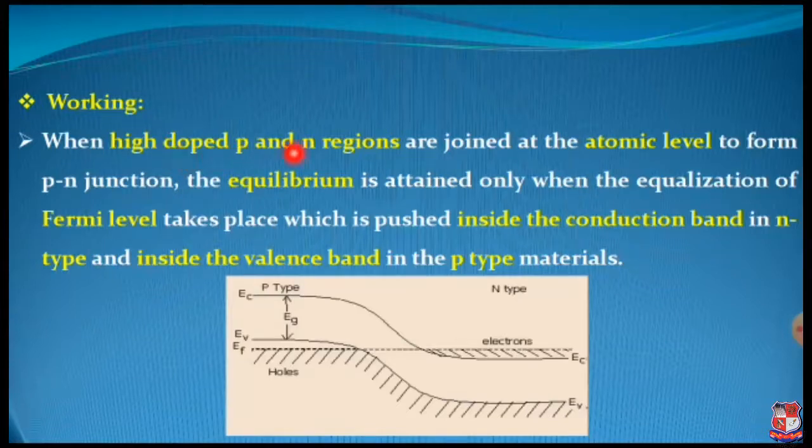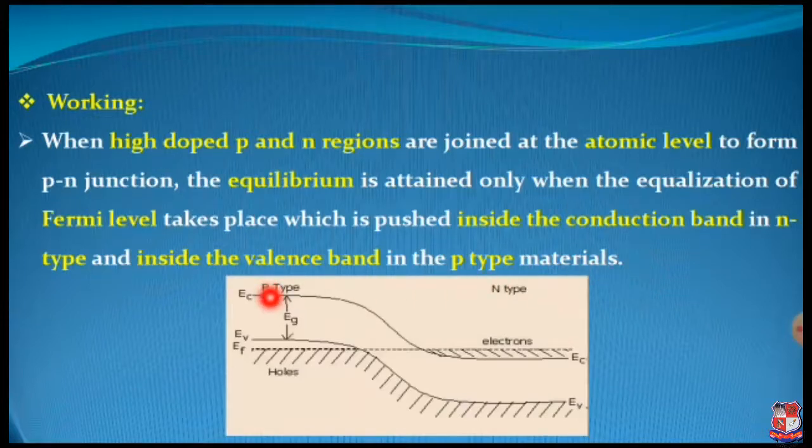When highly doped P and N regions are joined at the atomic level to form a PN junction, equilibrium is attained only when the equalization of the Fermi level takes place, which is pushed inside the conduction band in N-type and inside the valence band in P-type materials.